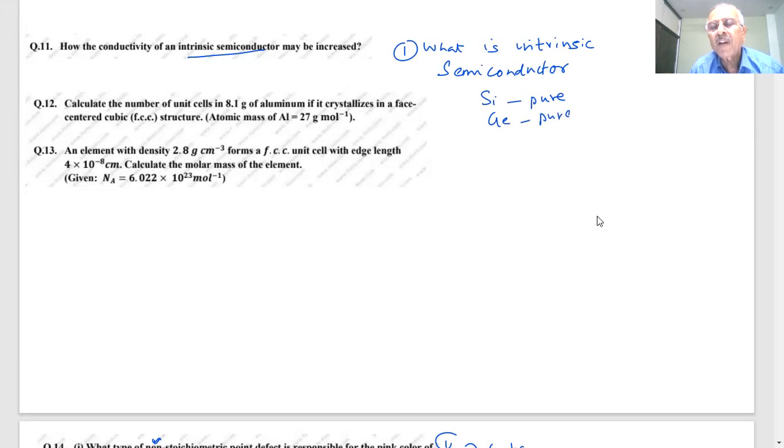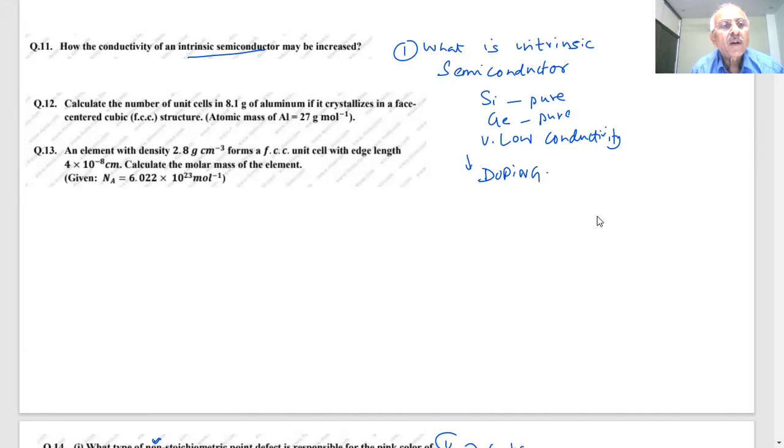Their conductivity is very low. So how do we improve their conductivity for use in electronic devices? Their conductivity can be improved by the process of doping, which we have already told you, N type and P type doping.